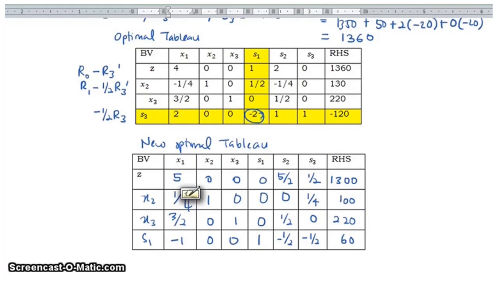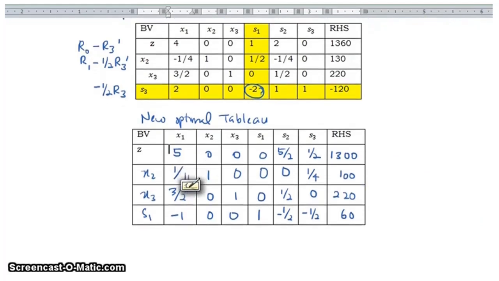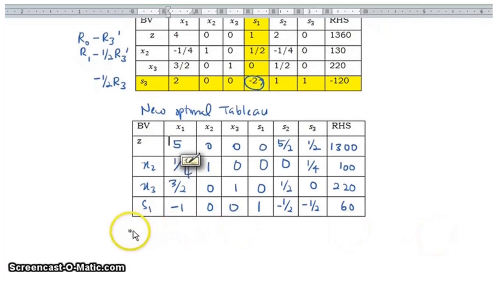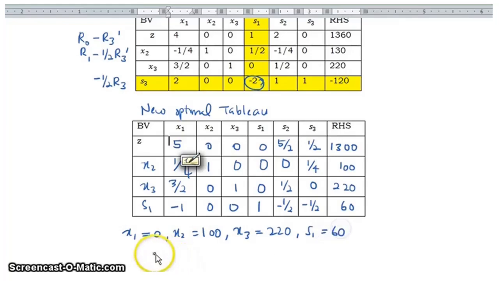Okay, the new solution for this problem is x1 is 0, x2 is 100, x3 is 220, S1 is 60, and the new Z value is RM 1300.